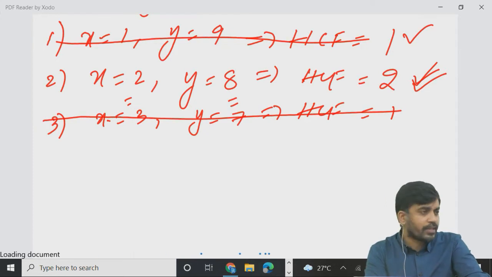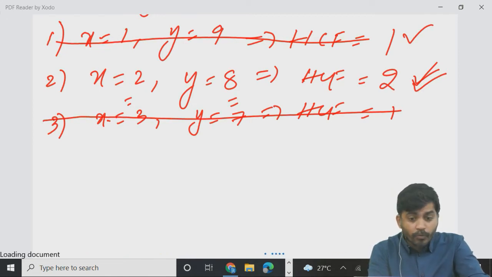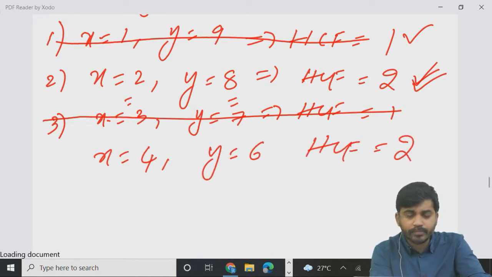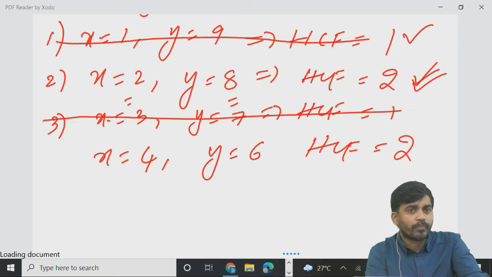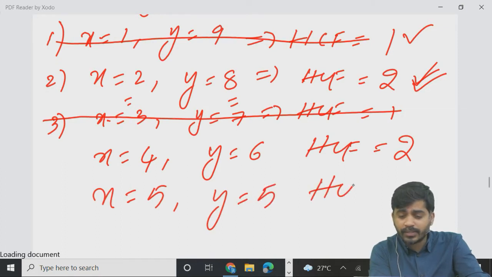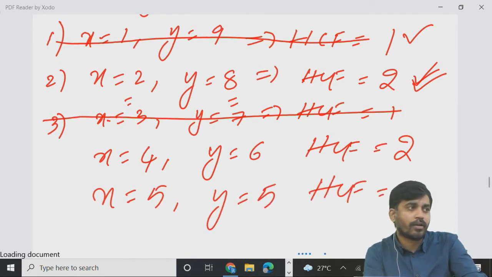Can you guess any values for x and y so that their HCF will be maximum? 4 and 6. What is HCF? 2 only. No. What about x is equal to 5, y is equal to 5? What is the HCF?